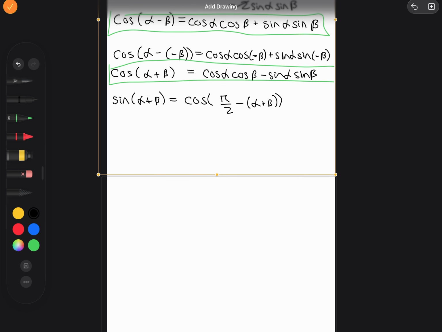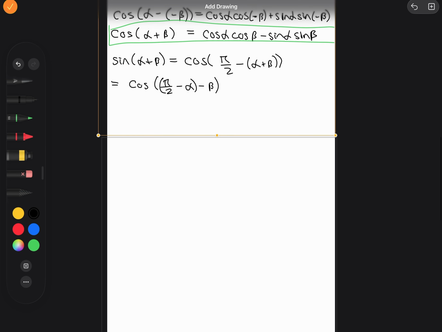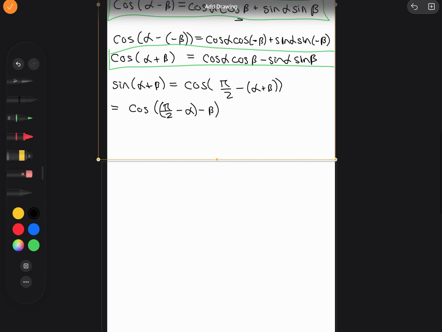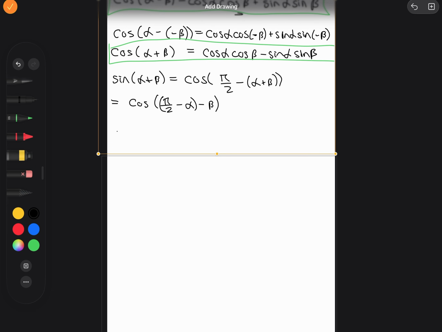And then we can further simplify this to cosine pi over 2 minus alpha minus beta. And I'm just going to group these two together. Now what we're going to do is apply it back with this formula because it's still in the form of alpha minus beta. So that'll be cosine pi over 2 minus alpha cosine beta plus sine pi over 2 minus alpha sine beta.